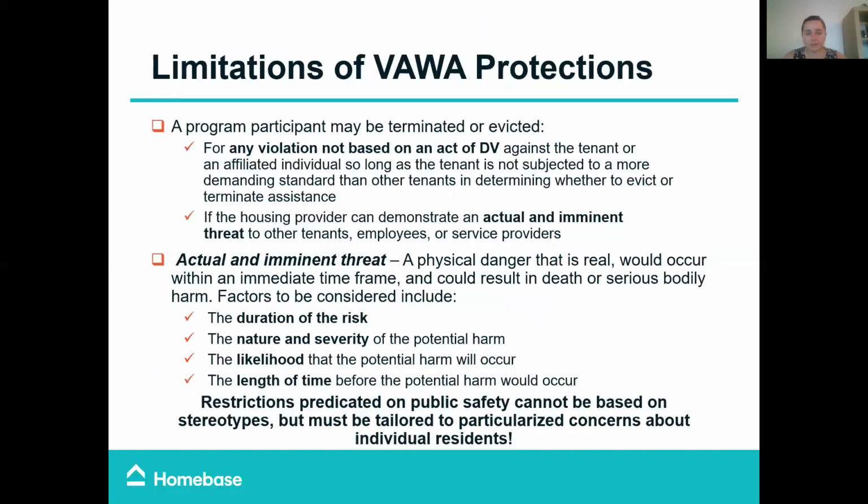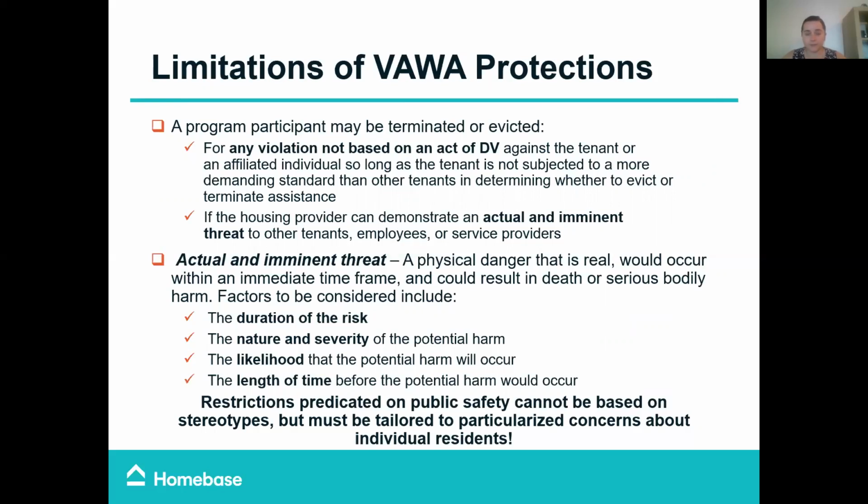As I mentioned, there are some limitations on VAWA protections. Tenants may be terminated or evicted for a non-domestic violence related violation, so long as they're not held to a more demanding standard than other tenants, or if the housing provider can demonstrate an actual and imminent threat to others. The standard to demonstrate an actual and imminent threat to others is very high.